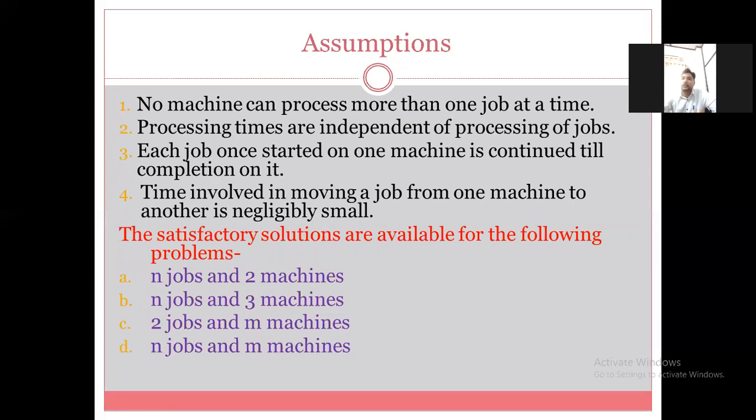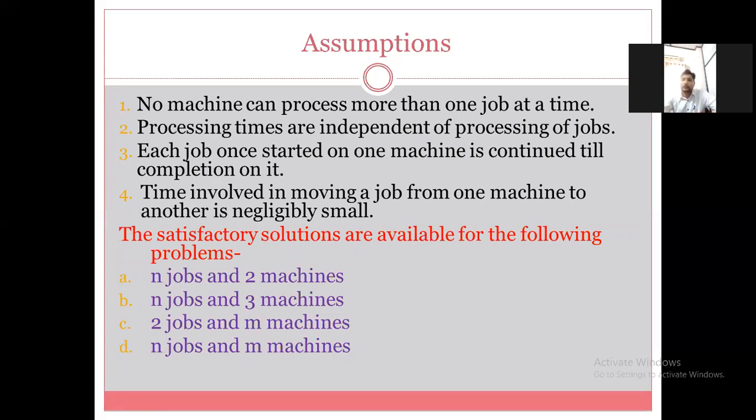The second assumption is that processing times are independent of the processing of other jobs. Let us consider that there are 10 jobs, and the time required for the 10 jobs is 1 hour. Then there are 20 jobs, so the time required will be 2 hours.